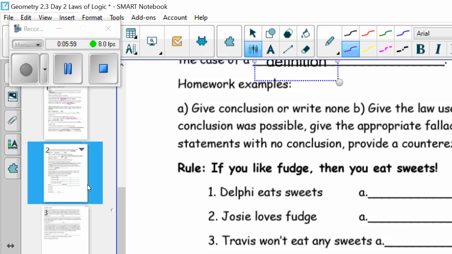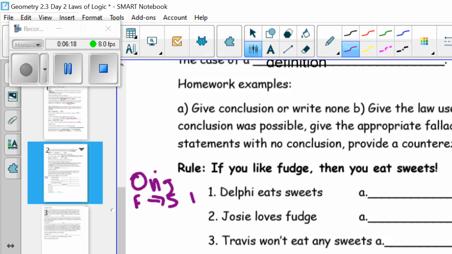What I often think is very helpful here is if we just come over here and list our original, our converse, our inverse, and our contrapositive. So my original: the rule says if you like fudge, then you eat sweets. And this is true.